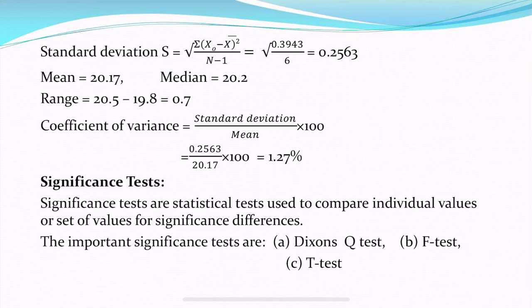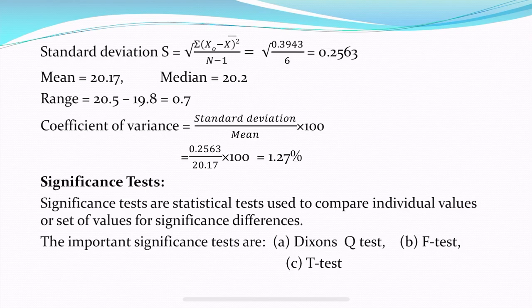So in my last class I was explaining the different methods by which we express precision. The precision of data can be expressed by 4 different methods. The first one was mean deviation, also called the absolute method, the second was relative deviation, and the third one was range.